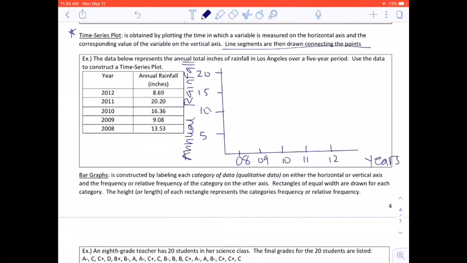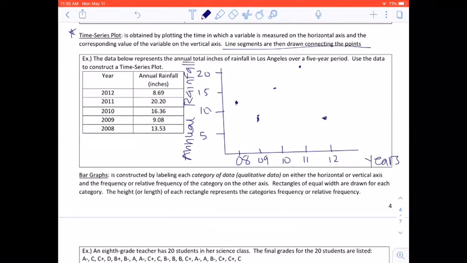So in 2008, there was about 13.53, so do the best you can with putting your dots. 2009, we had 9. 2010 is 16. 2011 is 20.20. And 2012 is 8.69.